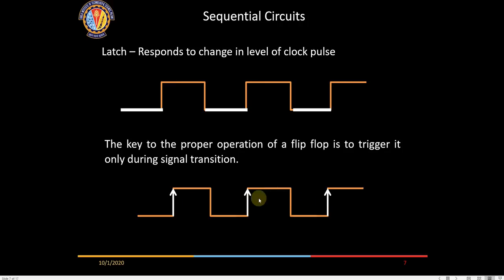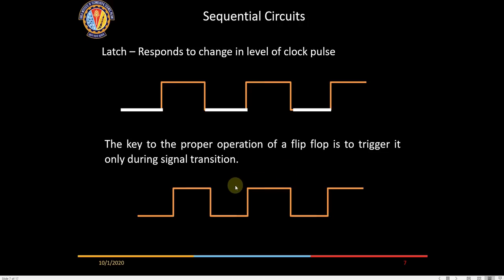Flip-flops are basically edge triggered. When the clock makes a transition, the input value of D or S or R will be captured into the memory, and while the clock is high, a change in data will not be captured. That is the difference. Is it understood?